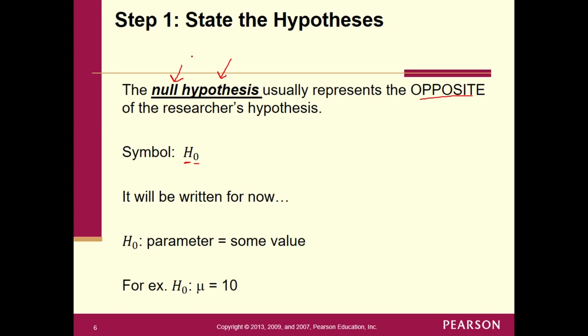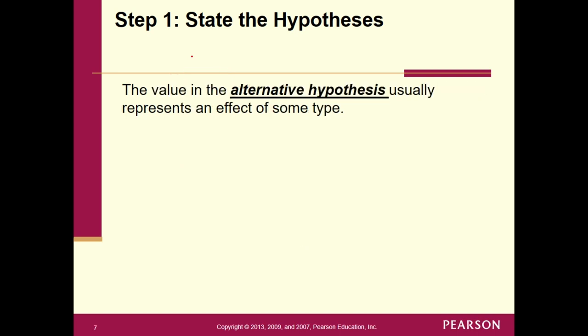For example, you might read a problem and say, okay, we're trying to figure out something about the population mean mu, and we're going to set it equal to 10. That may not make a whole lot of sense now, but we're going to go through some problems and figure out how to set the null and alternative hypotheses. Let's talk about the alternative, and then we'll figure out how to set these. The value in the alternative hypothesis usually represents an effect of some type.